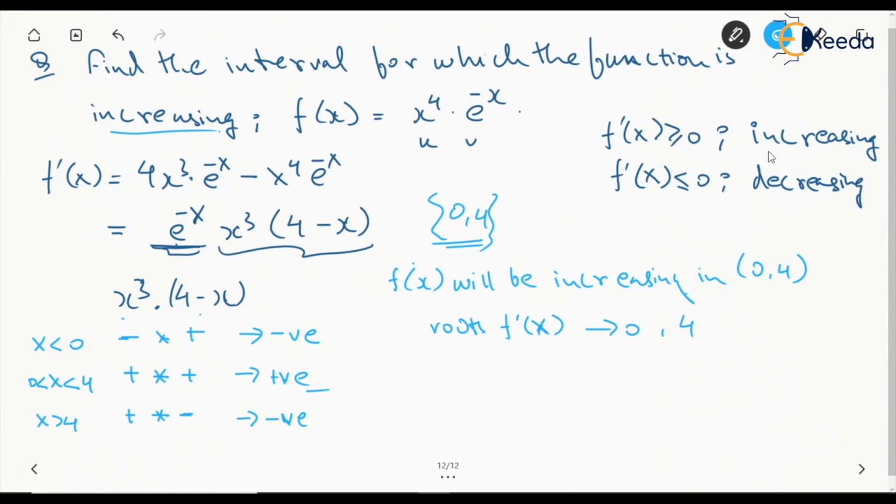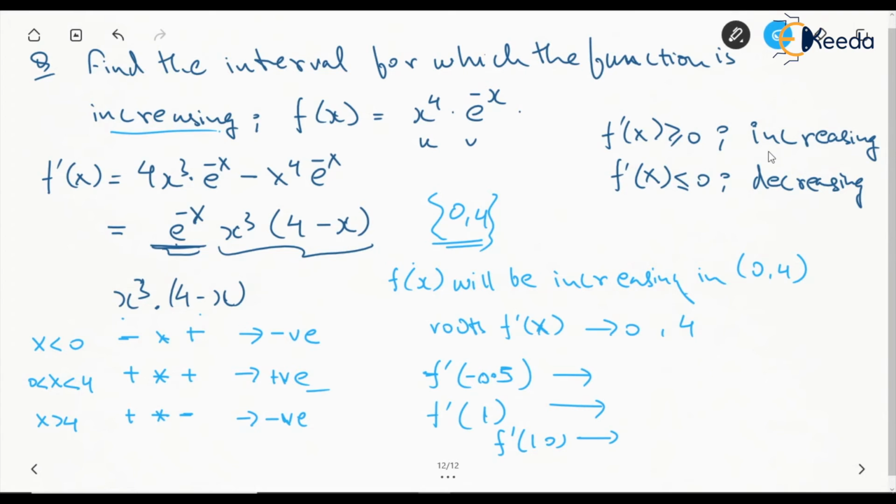Then we can check any random value. Let's say we check f dash of minus 0.5, and then any value between 0 and 4, let's say 1, and any value greater than 4, let's say 5. Or if you want to make it easier, let's take 0.